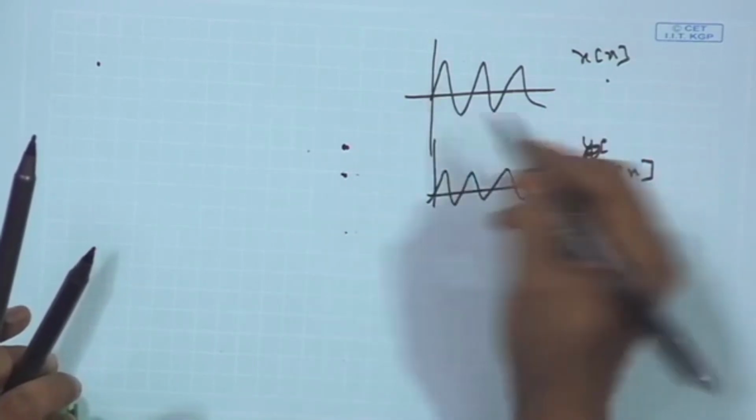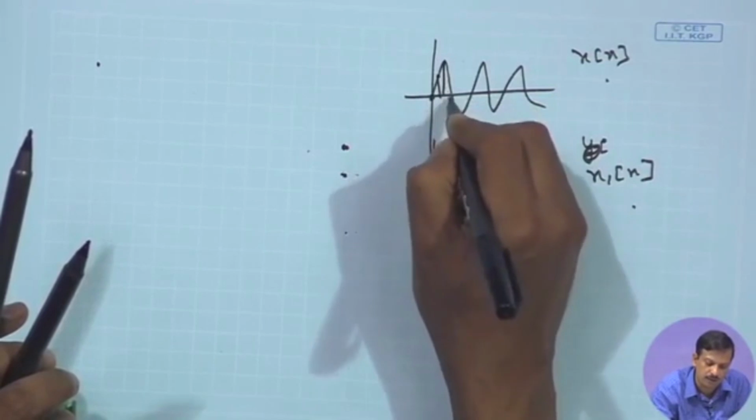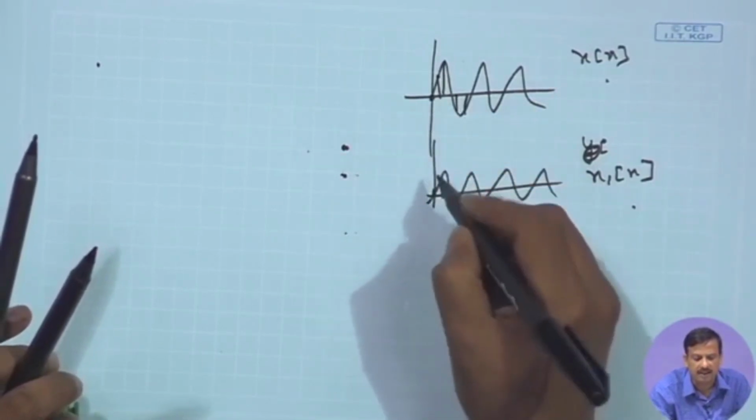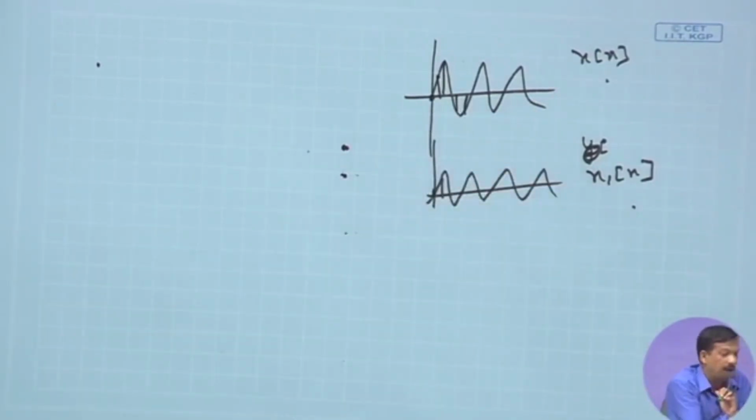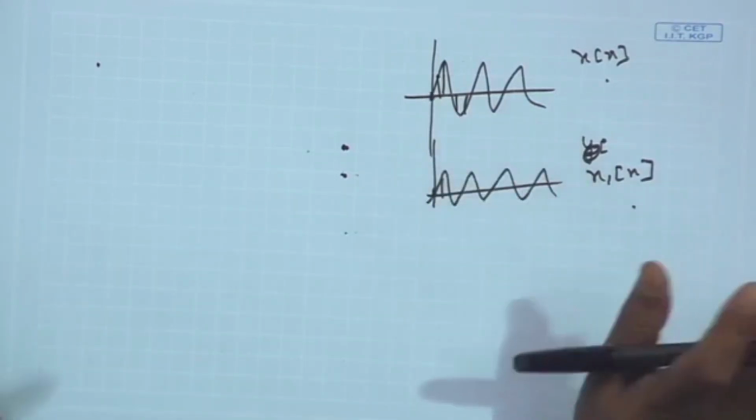It is a digital signal, so I take it sample by sample. I multiply the two samples and then take the sum; the product and sum is the correlation.